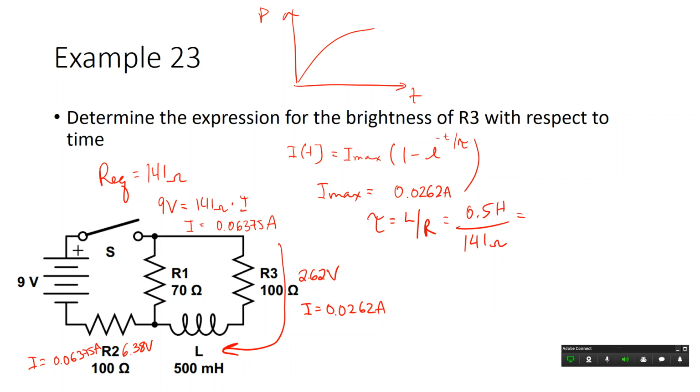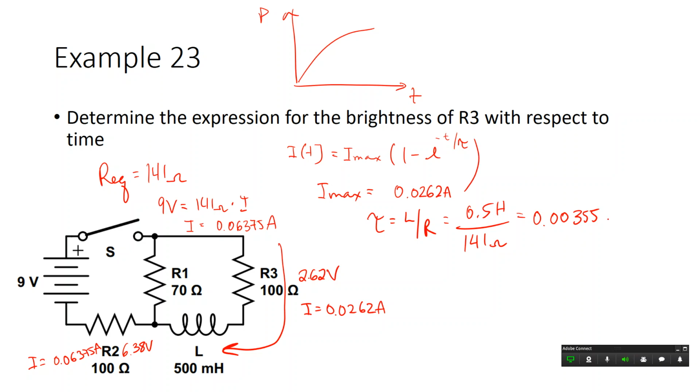Can I get a number for that? 0.00355 units. What are the units for the time constant? Seconds, exactly.